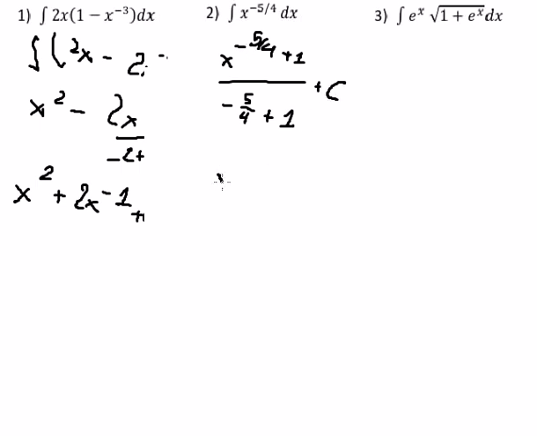This one you get negative 1 over 4 over negative 1 over 4 plus c, and this is the answer for question number 2.